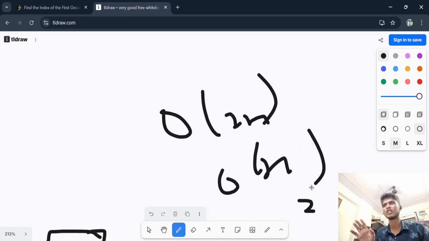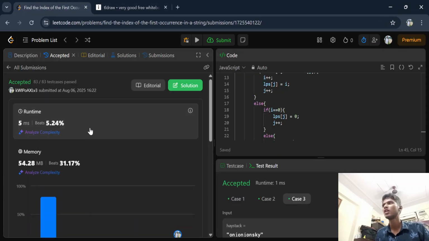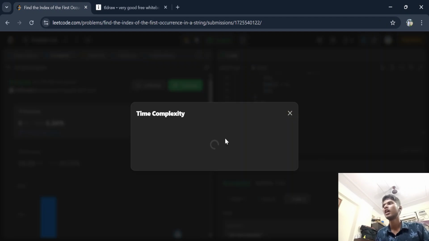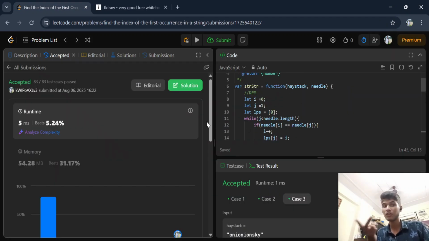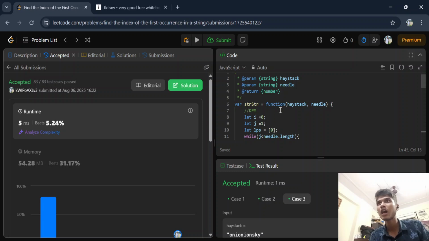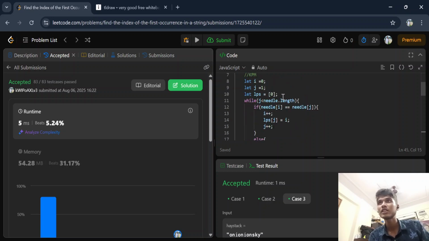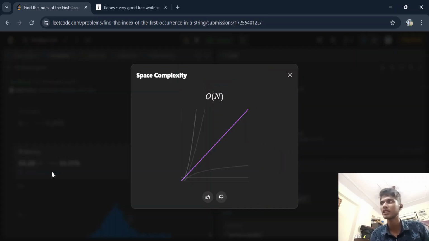So this whole program will work in O of n. Are we using any extra space? Yes, we are using the LPS array. So O of n is the space complexity.